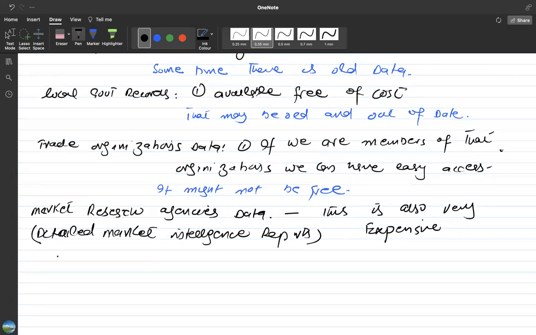We can use internal company records like profit and loss accounts, balance sheets. That is low cost, immediately available. Company data is usually available at the stock exchange. We can go there and pick that.